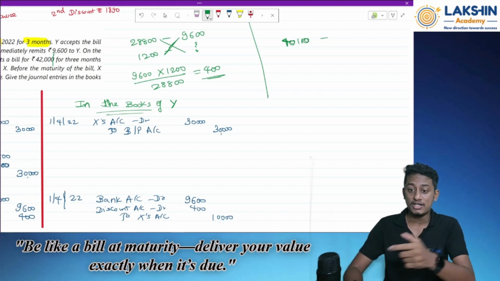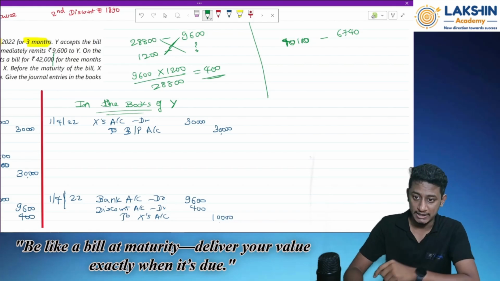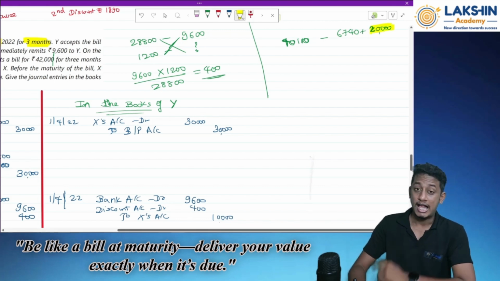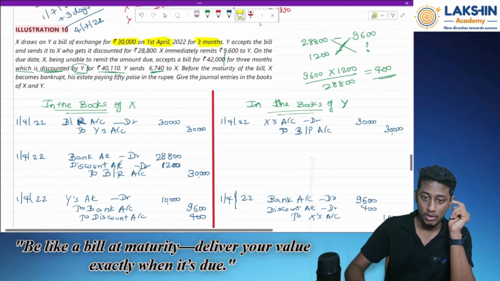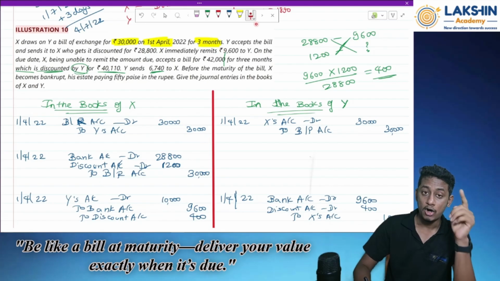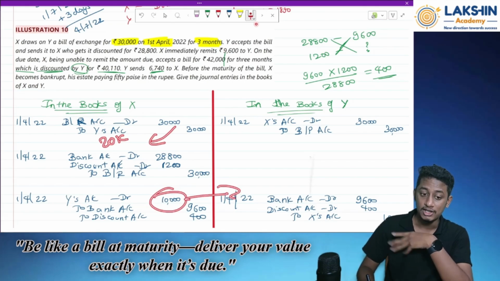And how much amount is transferred? 6,740 is transferred, plus 20,000 rupees. And what is this 20,000 rupees, sir? Remember, I had told you before that out of the total amount of the first 30,000 rupees, how much is kept by X? Rupees 20,000. 20 was kept by X and the remaining 10 was remitted over here to Y.